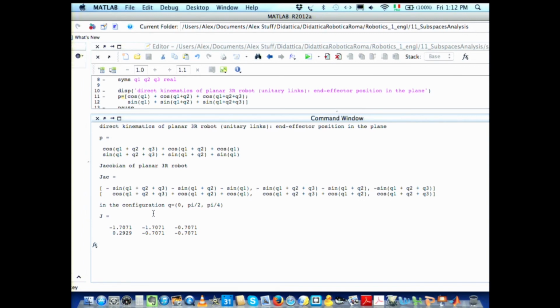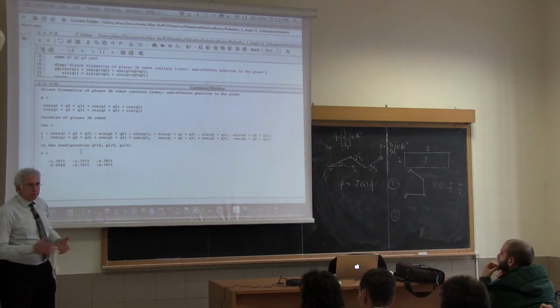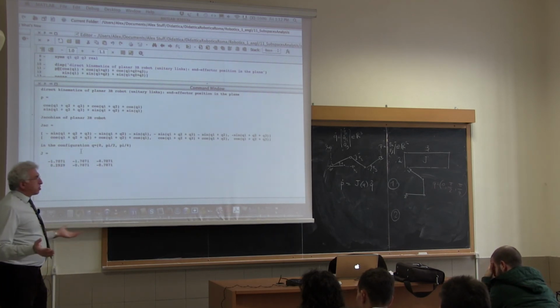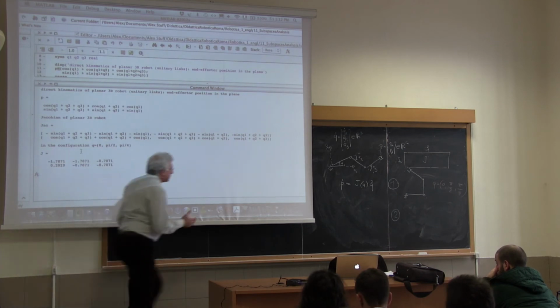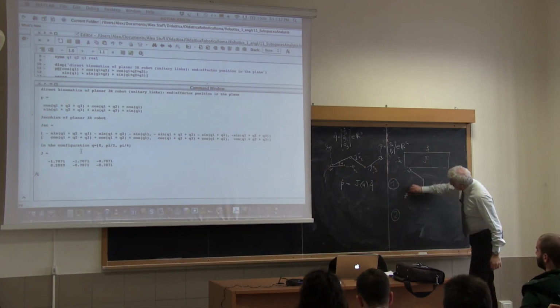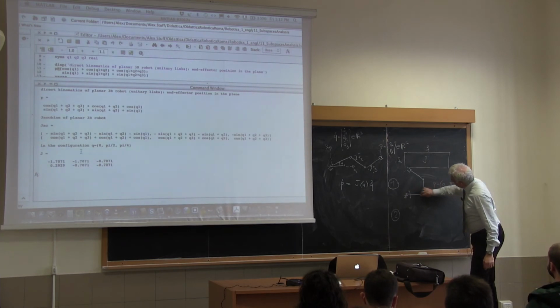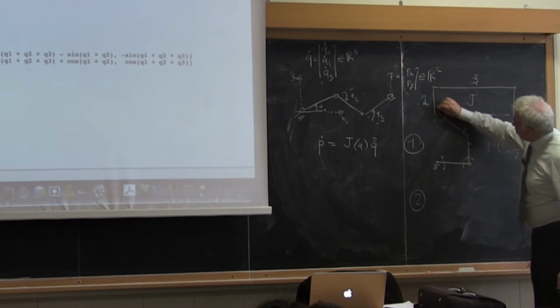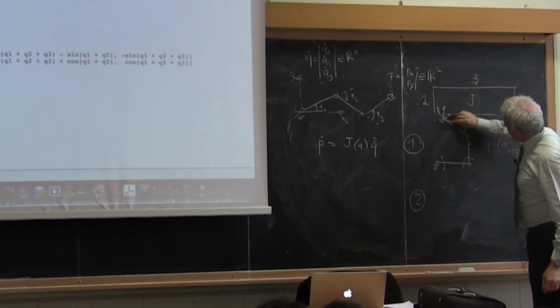This is the typical square root of 2 over 2. So this is the Jacobian. Now, my question is: if I apply any joint velocity here, moving these 3 joints, can I go everywhere with the end effector?